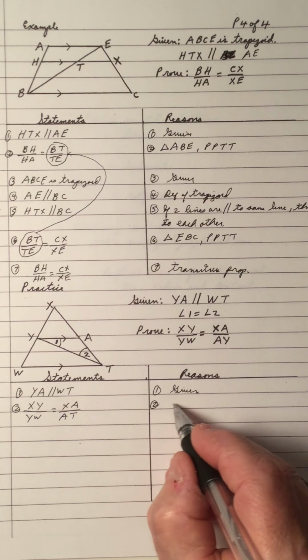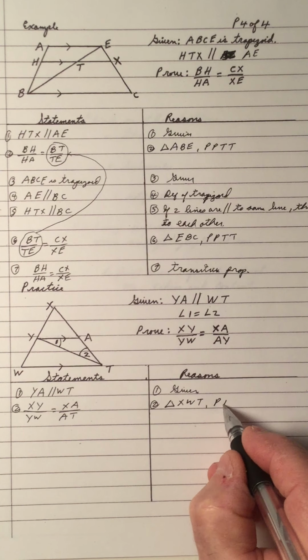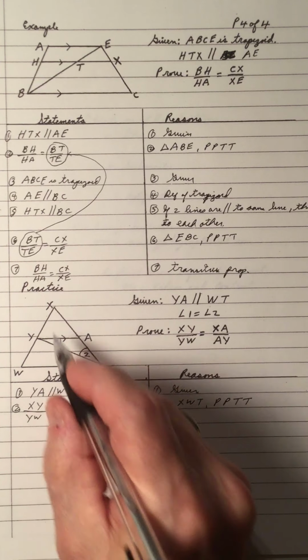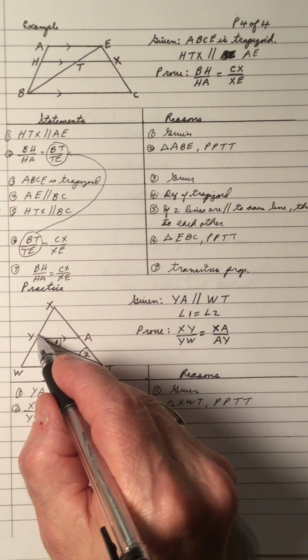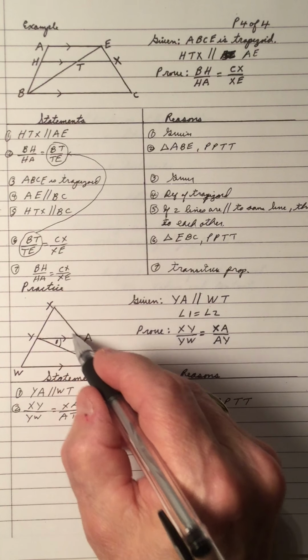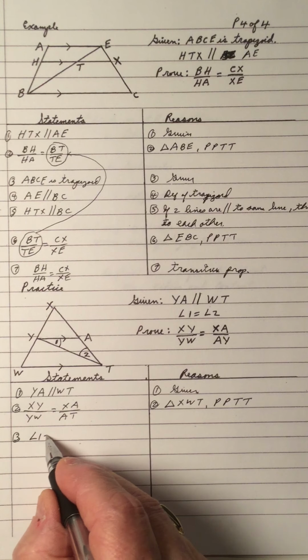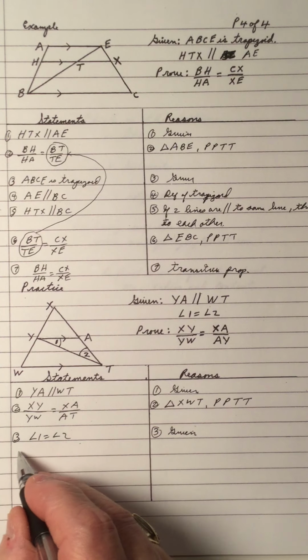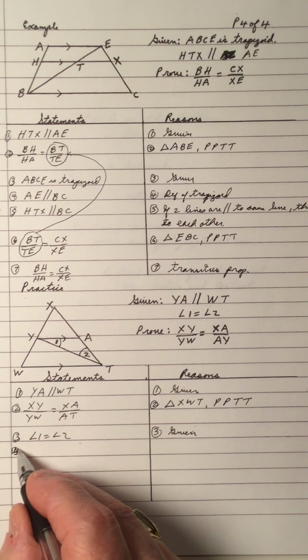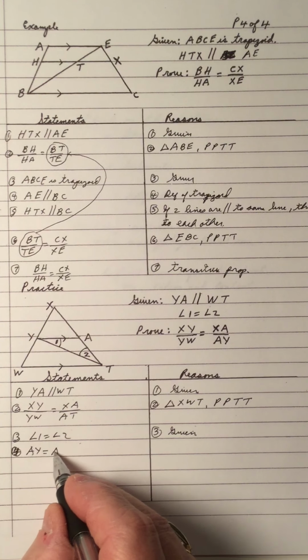So that's in the triangle XWT, that's a parallel proportion triangle theorem. And this big triangle with this line parallel to this one, the XY over YW is XA over AT. Now, because I have angle 1 equals angle 2, which is given, that means, oops, that's number 4, that means I'm going to have AY equals AT.